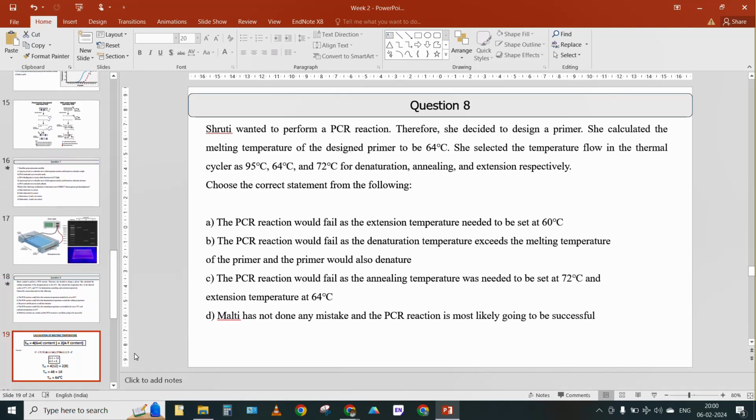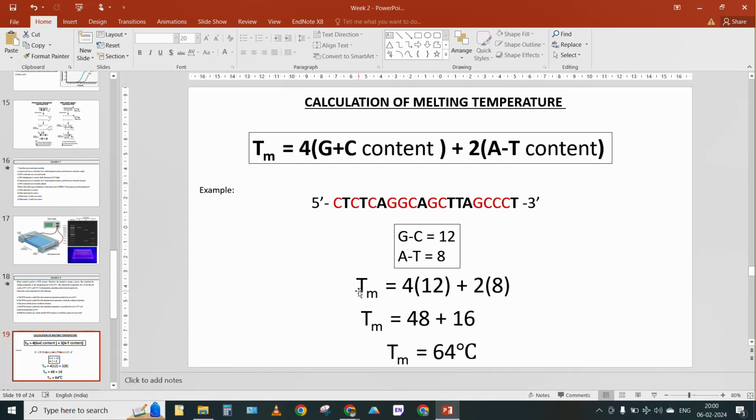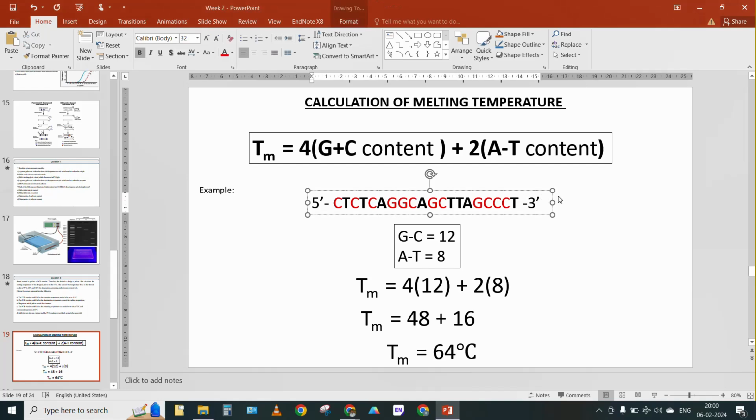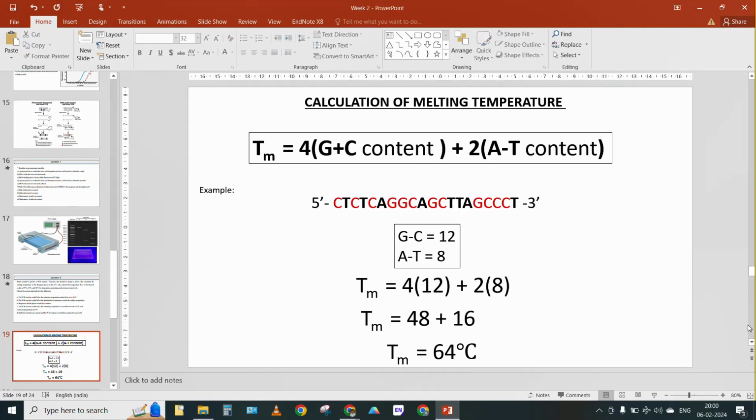So let me explain this. Here, this is the calculation of the melting temperature. Is my screen visible to all? Yes, sir, visible. Do you get anything with this slide? Can you explain this slide?